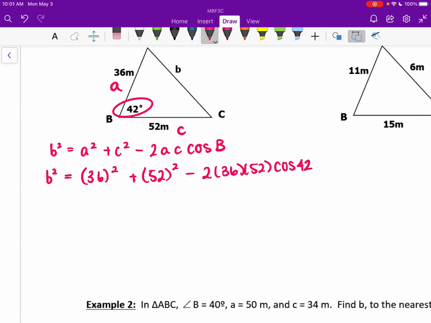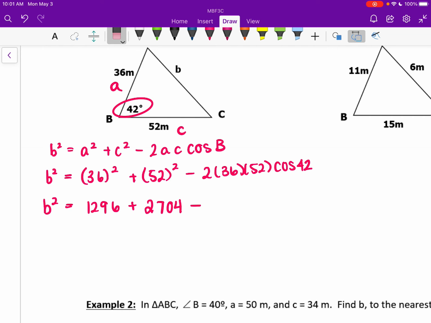But if you would like, you can go through it individually. So I'm just going to do 36 squared, so B squared is equal to 1296 plus 52 squared is 2704 minus, and I'm just going to put all this into my calculator because it just gets messy otherwise.